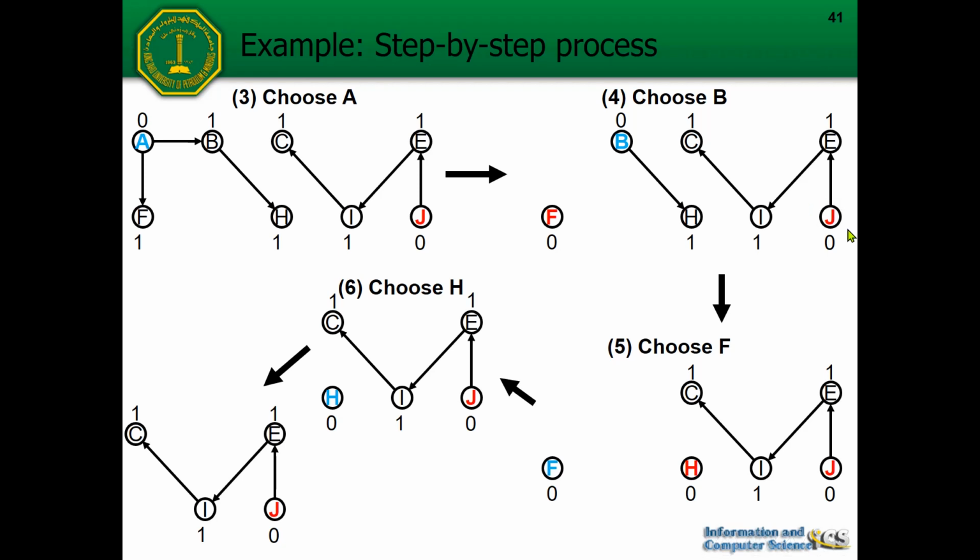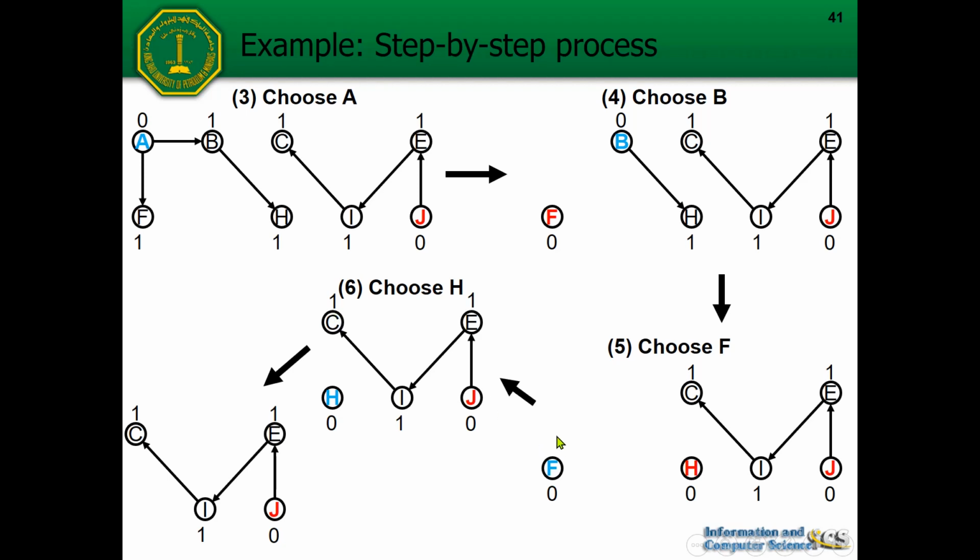In this example we choose F. We remove F from this graph, then we will get this graph. After that, we do the recalculation of the degree.